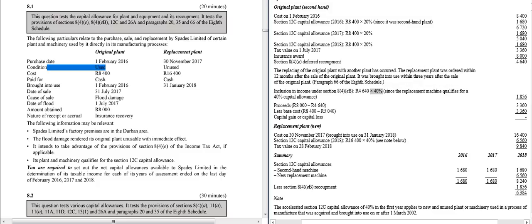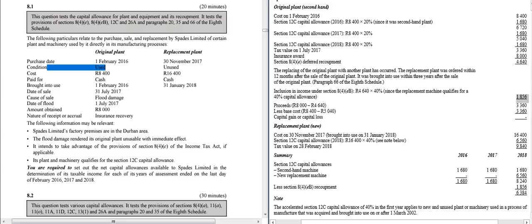So in other words, we may include 1,856 Rand within our income because we replaced it by a new machine within 12 months. We replaced the plant within 12 months, and it was brought into use within 3 years after the sale of the original plant.